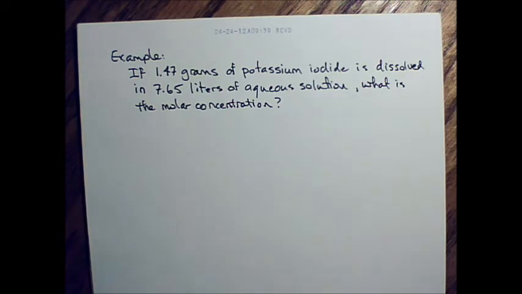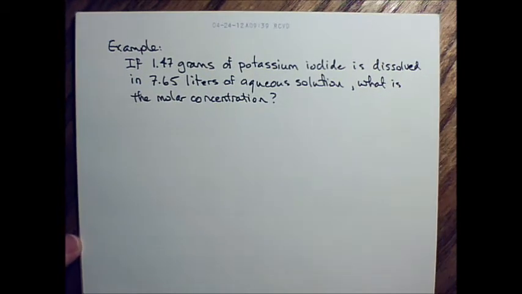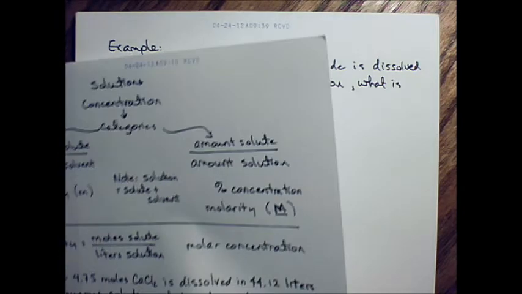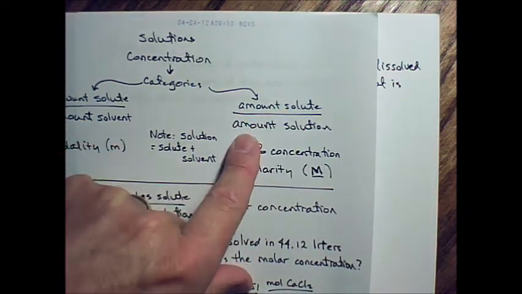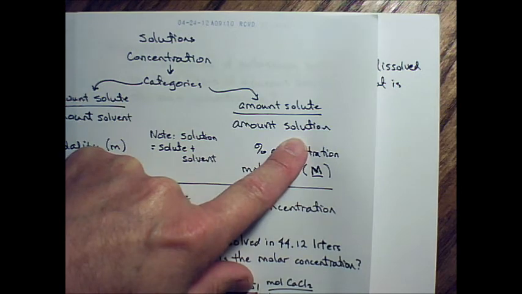All right, if 1.47 grams of potassium iodide is dissolved in 7.65 liters of aqueous solution, what's the molar concentration? Okay, let's remember that molarity falls into this category, amount of solute over amount of solution.